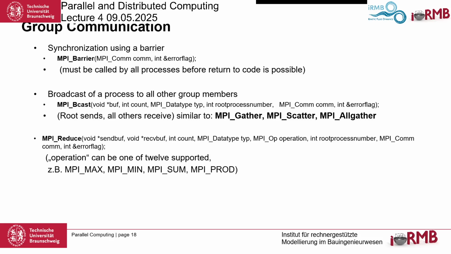So the basic group communication, without really doing a lot of sending and receiving, is if you want to synchronize all the processes. Then there is a hardcore way of doing this. This is called a barrier.